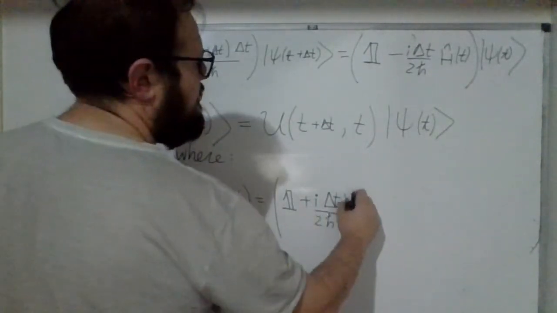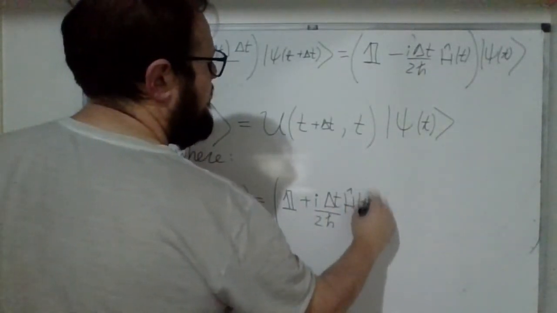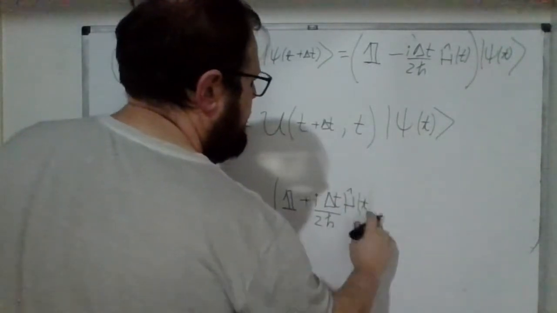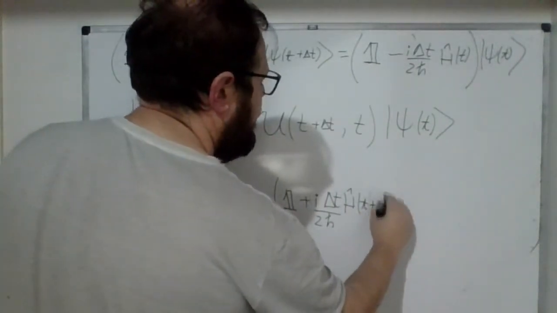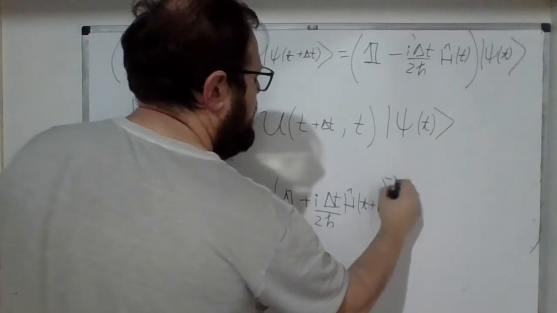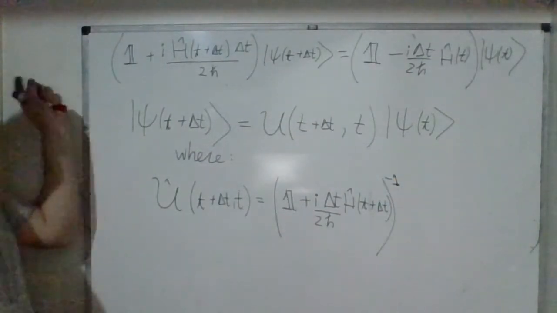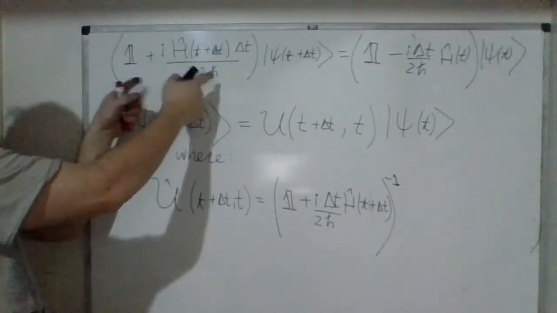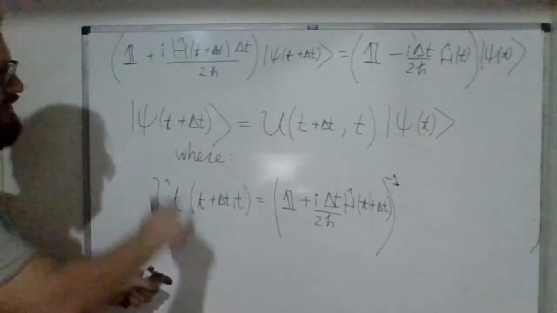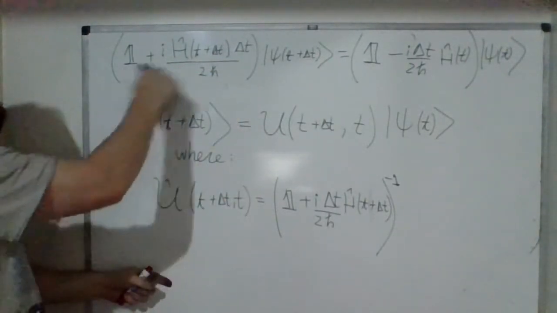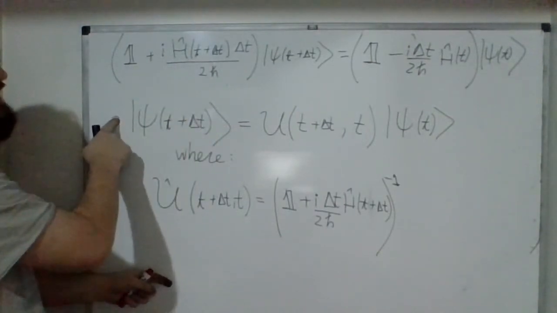The matrix is the Hamiltonian, evaluated at time t plus delta t. We need to take the inverse matrix, so the matrix times the inverse matrix gives 1, and therefore we eliminated this factor from the left-hand side.